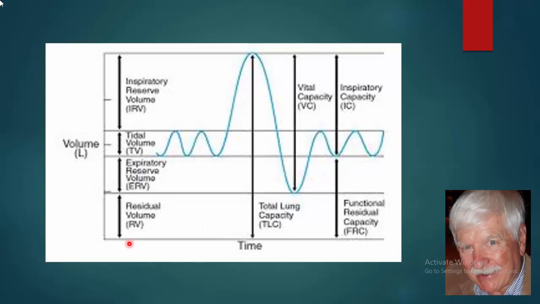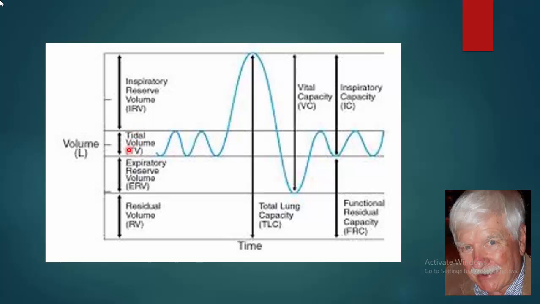Now there's one more volume. These are the basic volumes over here. It's called residual volume, and that's the volume of gas that's left in the lungs that no matter how hard you breathe, you can't breathe it out. So see, here's your four basic volumes, the four main ones.